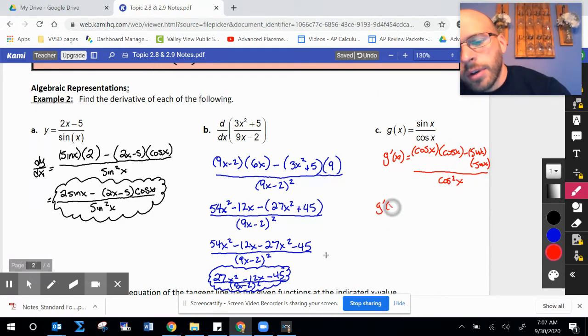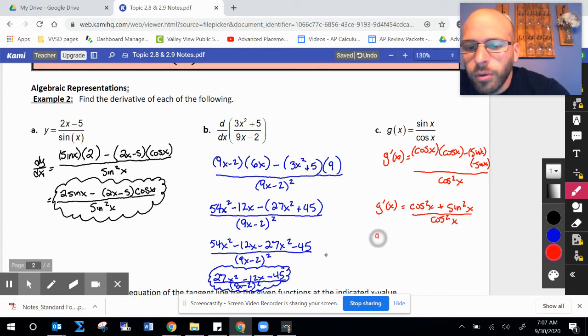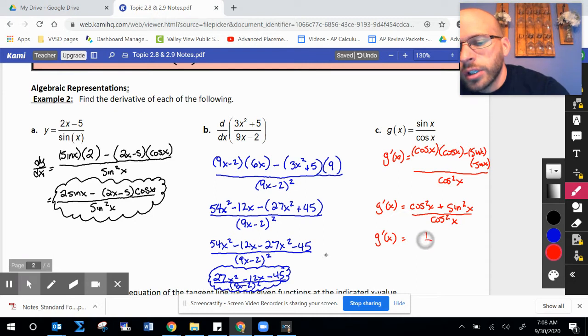So g prime of x is going to be a cosine squared plus a sine squared all over a cosine squared. Okay, now that's an acceptable answer for what we know. But we all know that sine squared plus cosine squared is 1, so 1 over cosine squared is the same thing as saying secant squared of x.